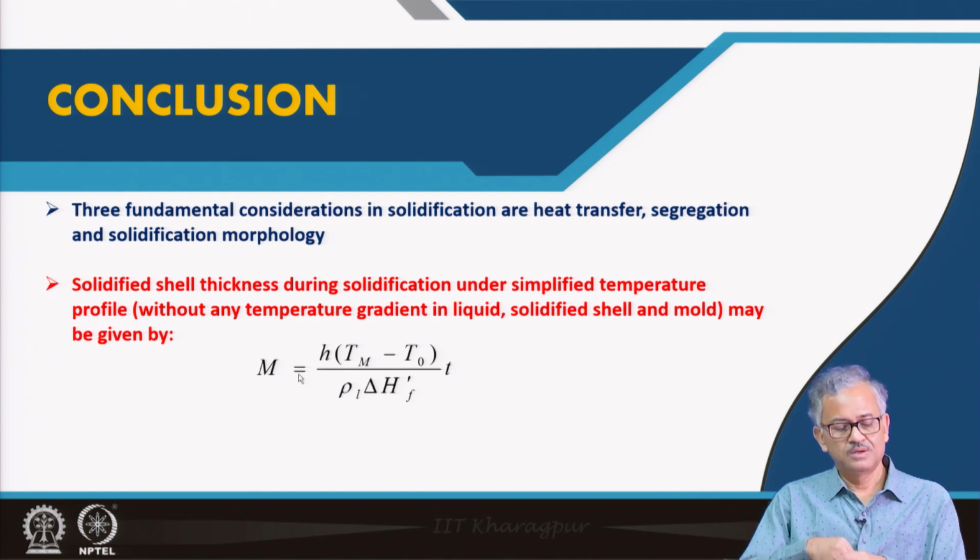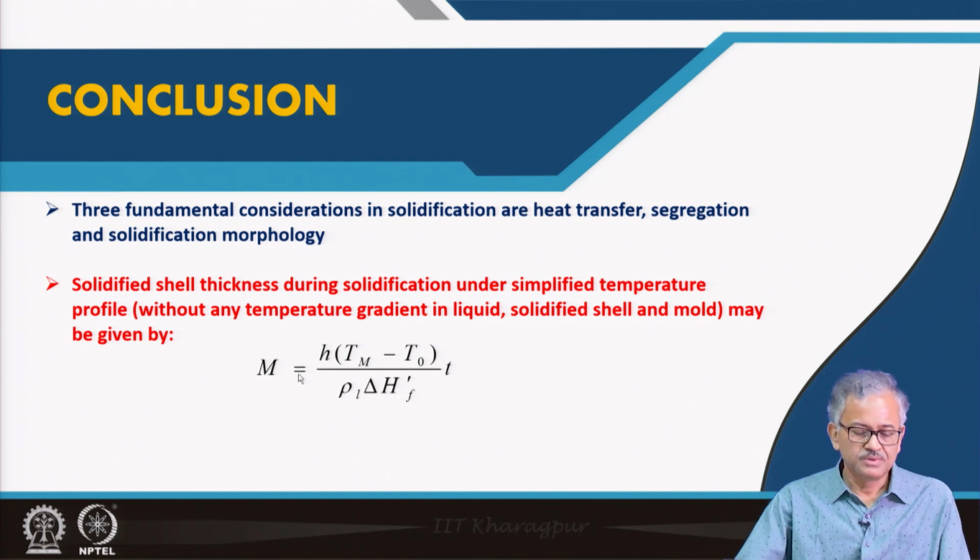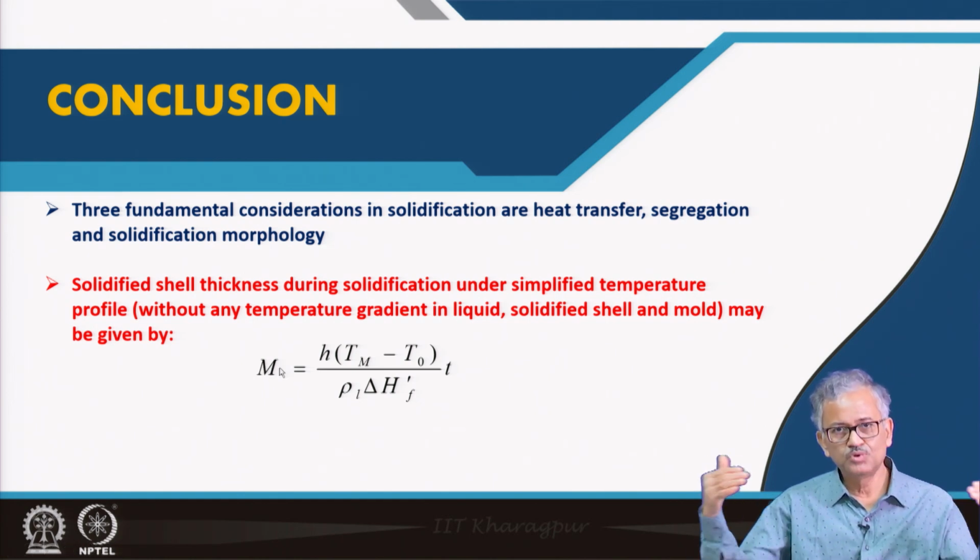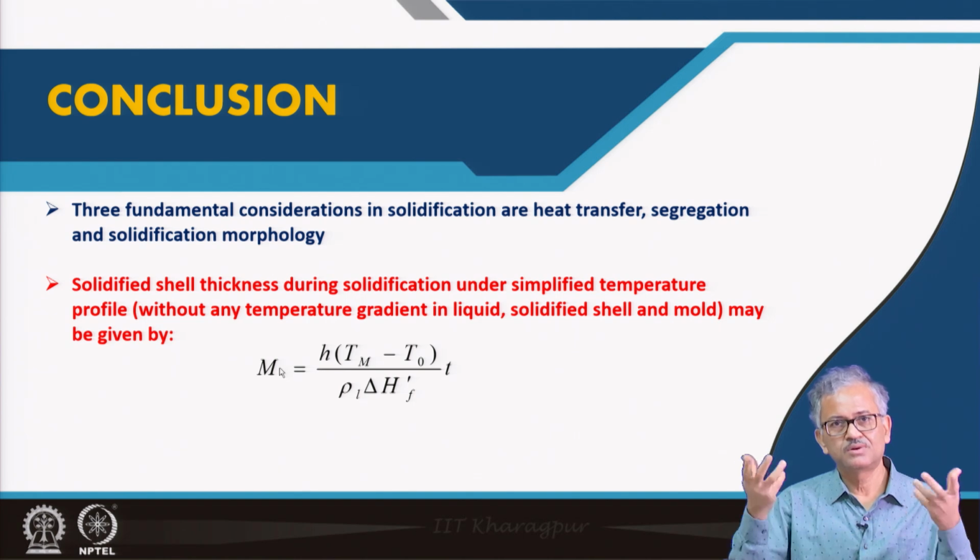Since you know the evolution of the shell thickness, you can note how much time is required for complete solidification. If you are casting a cylinder, m will be the radius, because casting comes from both ends. When m becomes R, your casting is complete.